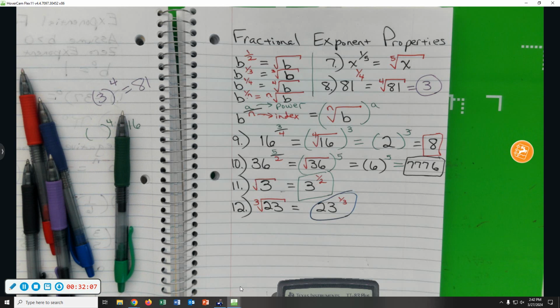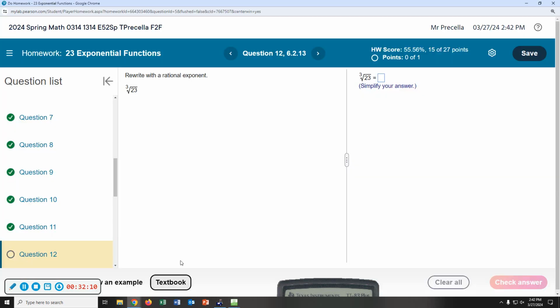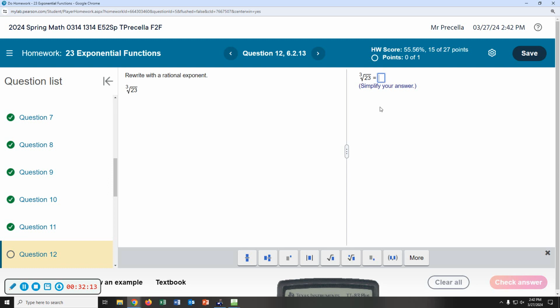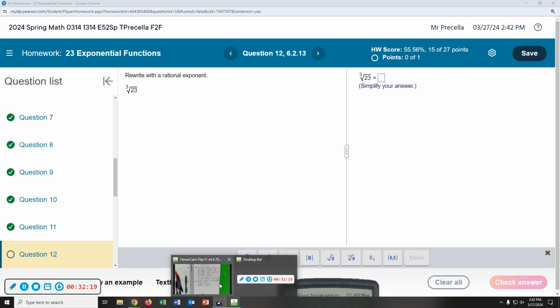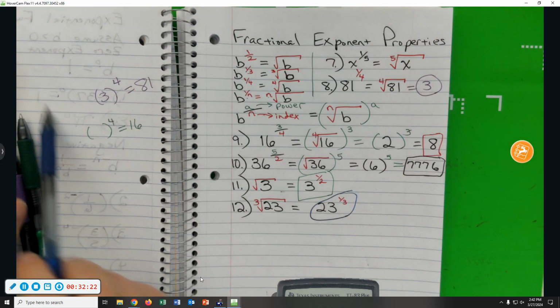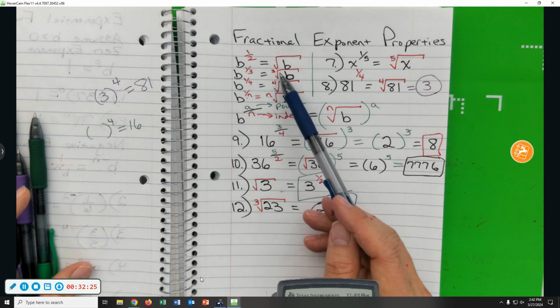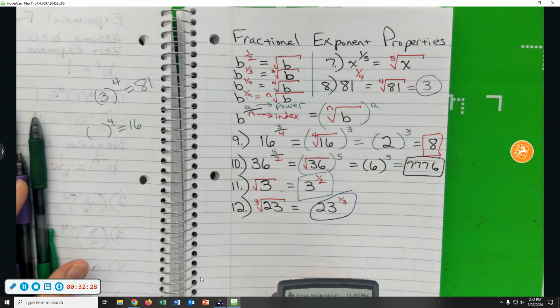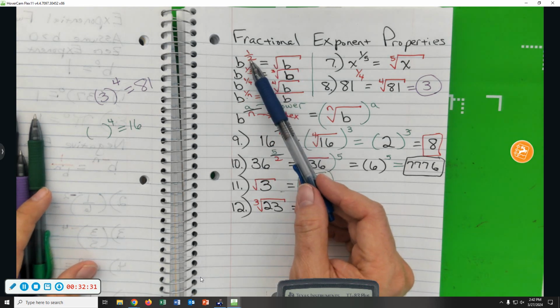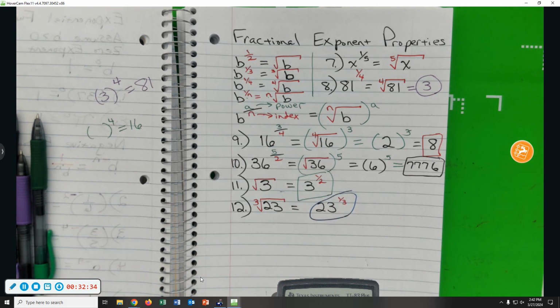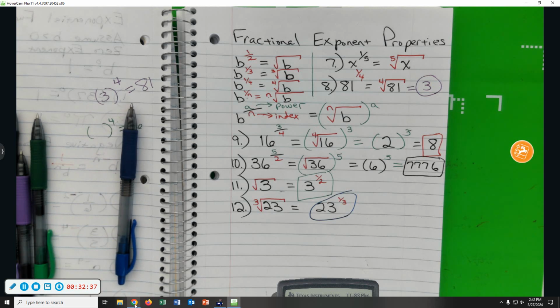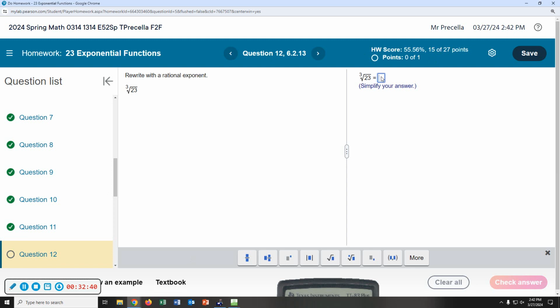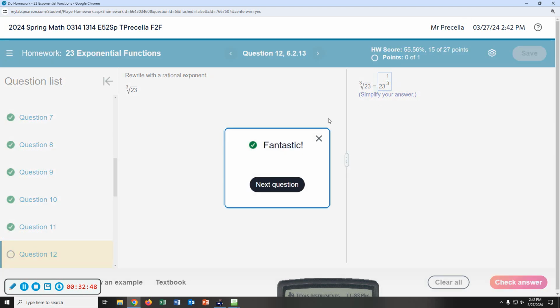Wait, why is it 1/3? Go back. We're using this property in reverse. A cube root is the same thing as a 1/3 exponent. Just like a square root is the same thing as a 1/2 exponent. So, 23 to the 1/3 power. Any questions there?